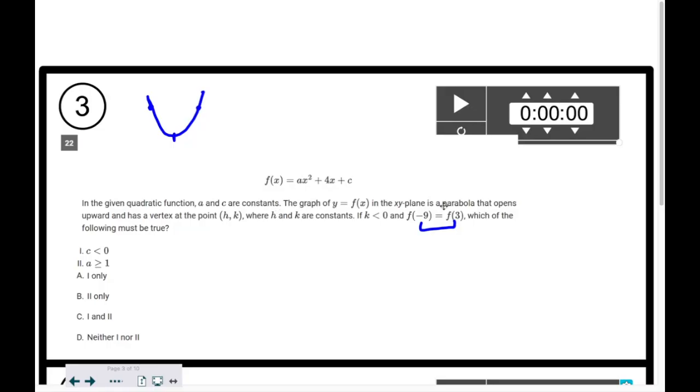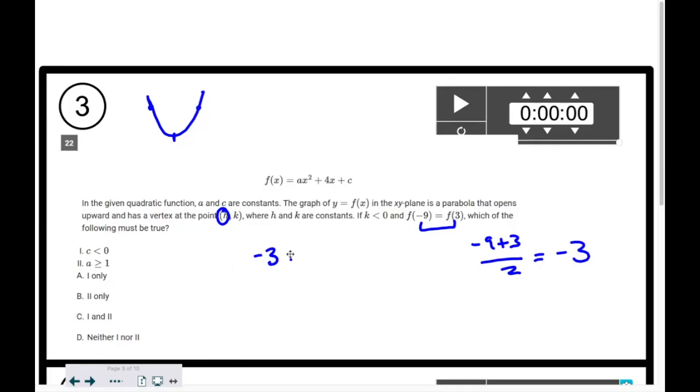The number that's in the middle of two other numbers is just the average. So if I just find the average of these, that's just -6/2, that's -3. That tells me that this h is -3. It tells me that the x coordinate of the vertex is -3.